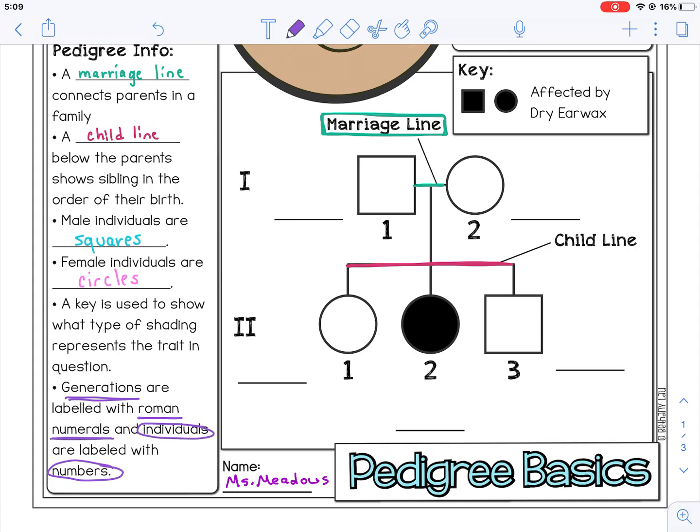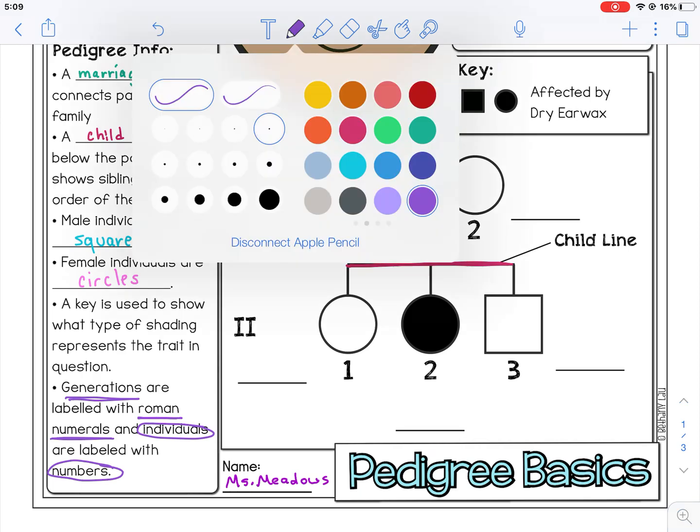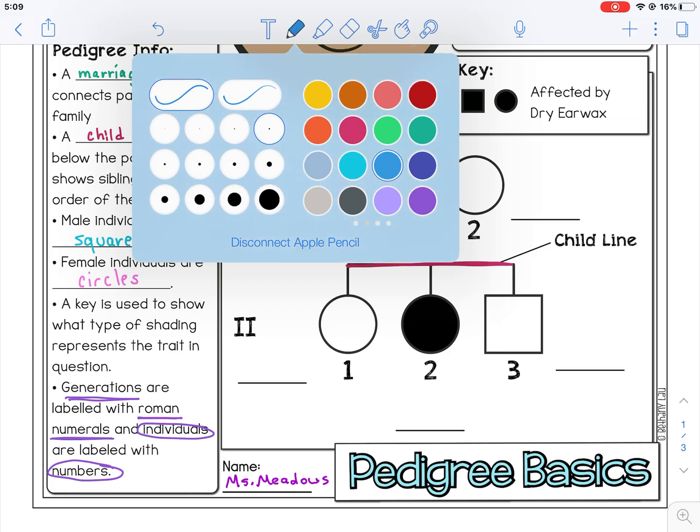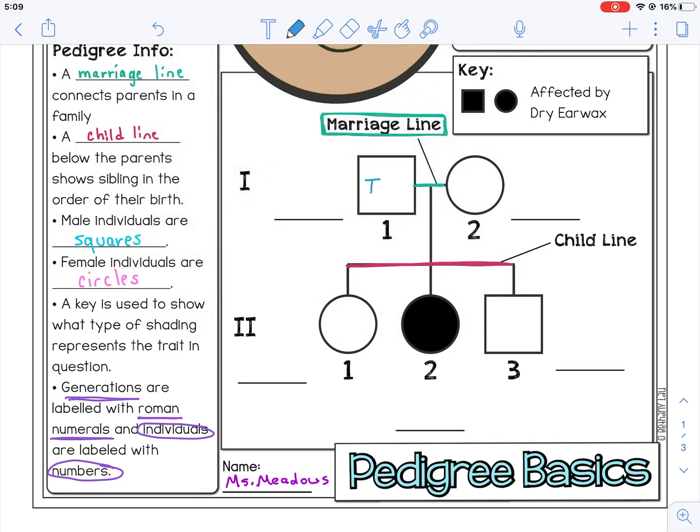Okay, so for example, this person here would be Roman numeral I dash the number 1. Because they're on the Roman numeral I generation, and they are individual 1.